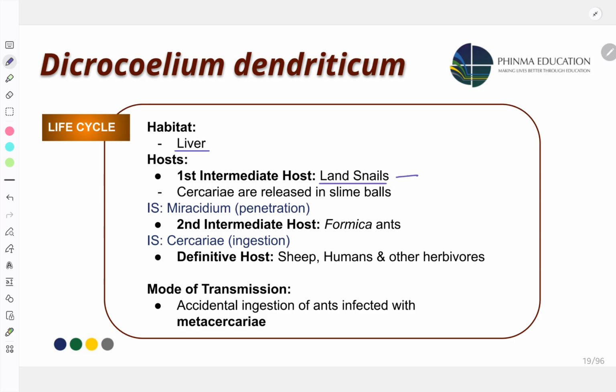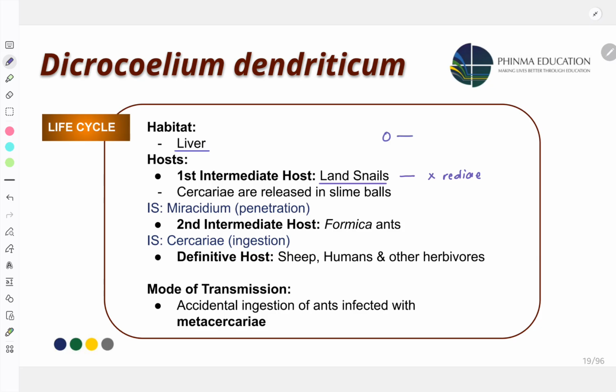So once na ingest na sa snail ang ova, it undergoes from miracidium to sporocyst and then cercariae. So the same siya with your schistosoma, that there is no radiae na stage, no? So ang inyong Dicrocoelium dendriticum, no radiae stage.